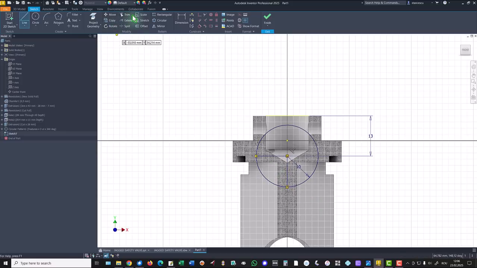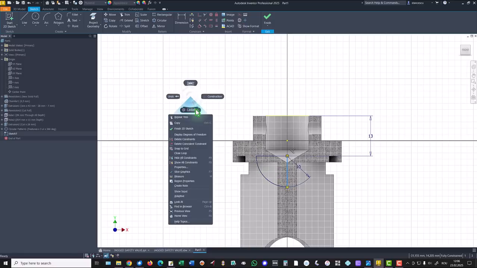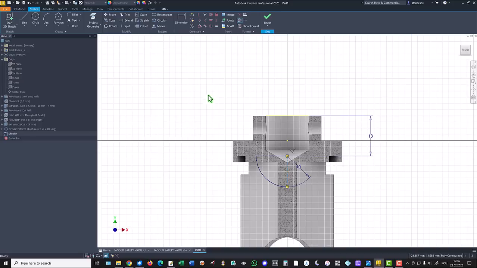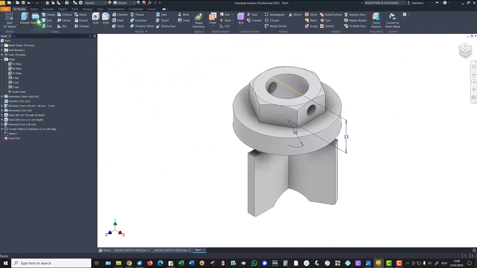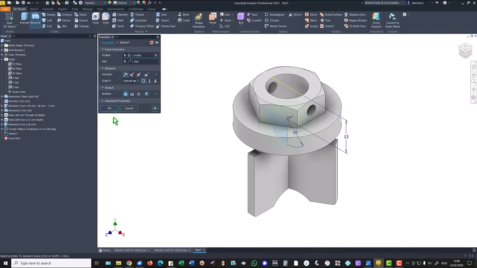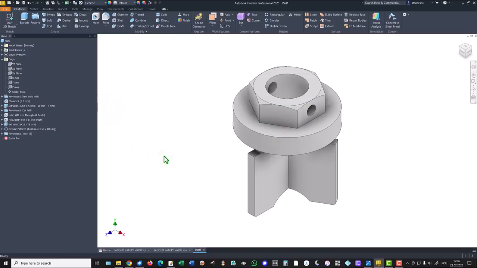We trim this arc and we apply center line for this vertical line. Now we have a fully constrained sketch and apply revolve 360 degrees.